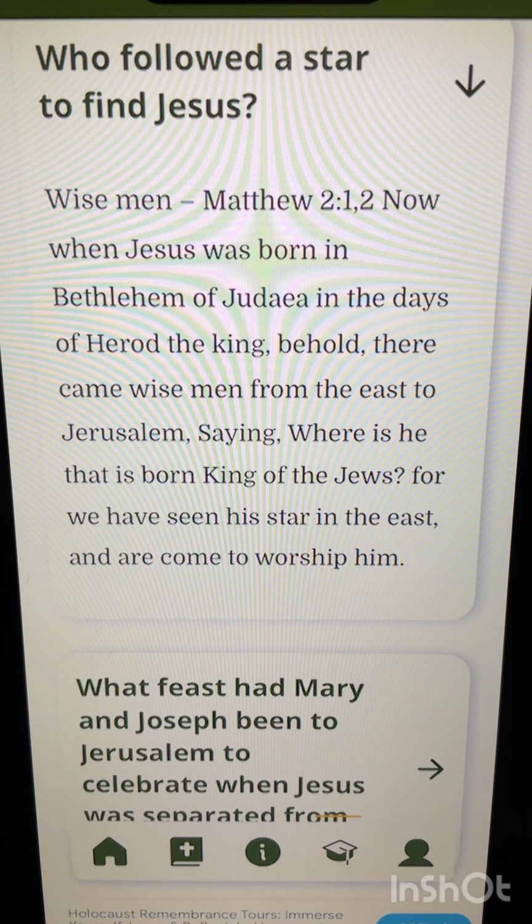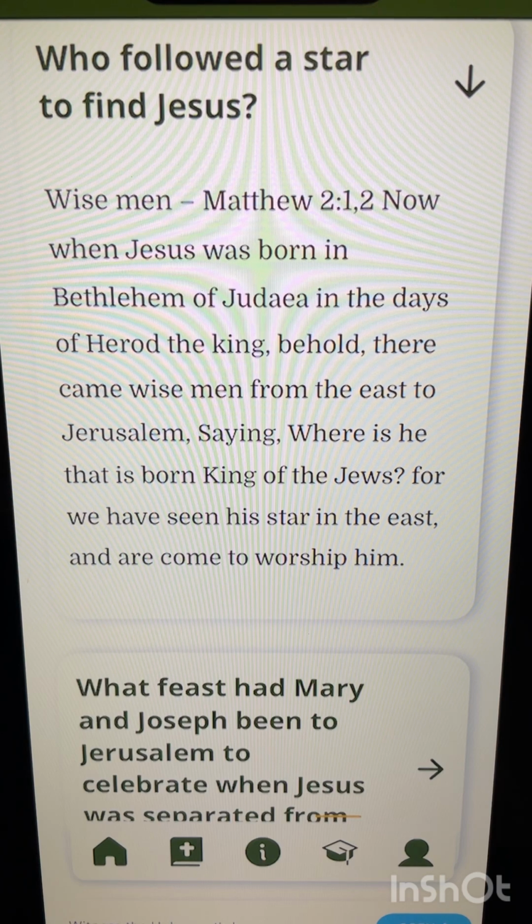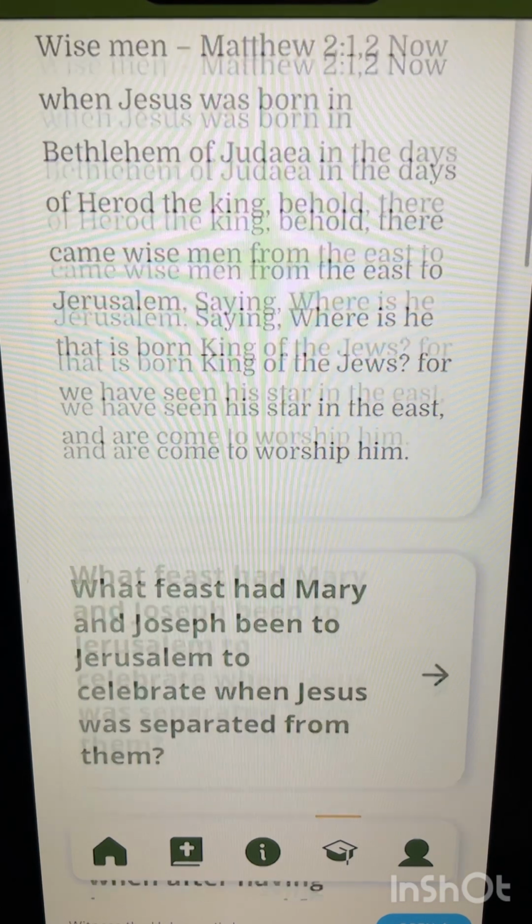In Matthew chapter 2, verse 12: Now, when Jesus was born in Bethlehem, in Judea, in the days of Herod the king, behold, there came wise men from the east to Jerusalem, saying, where is he that is born King of the Jews? For we have seen his star in the east, and are come to worship him.